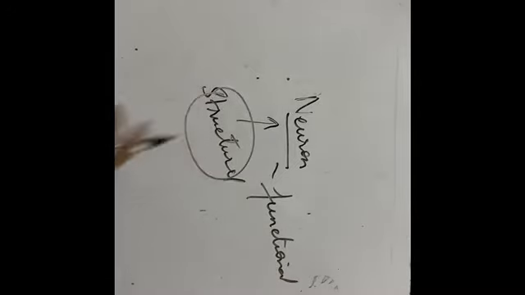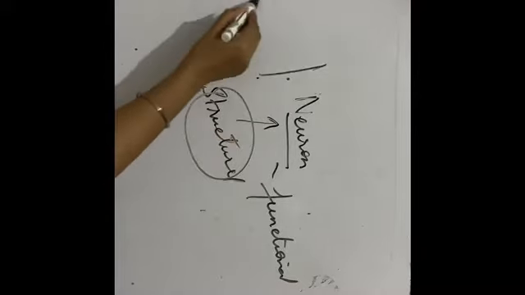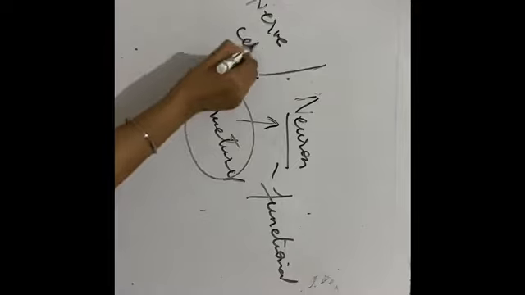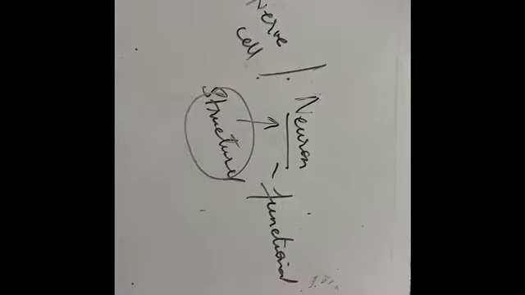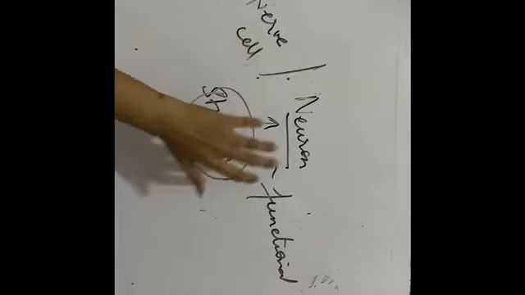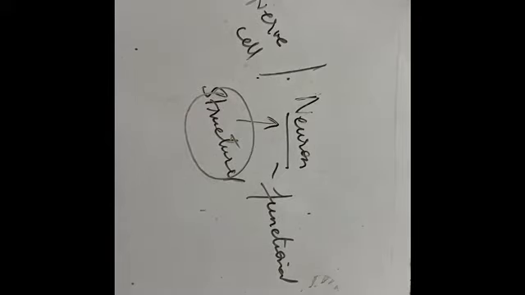Structural unit means it is forming the nervous system, like a wall is created by a brick. Brick is the structural unit. Similarly, neuron or nerve cell is the structural unit of the nervous system. And because neuron is the one which is playing all the roles, doing the main function, it is the functional unit.